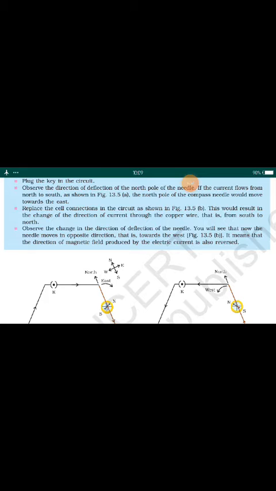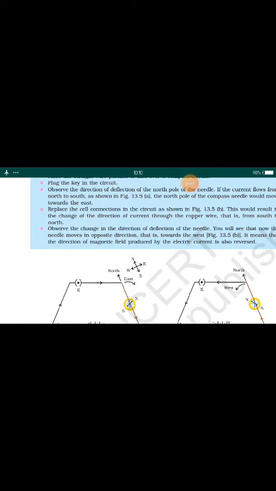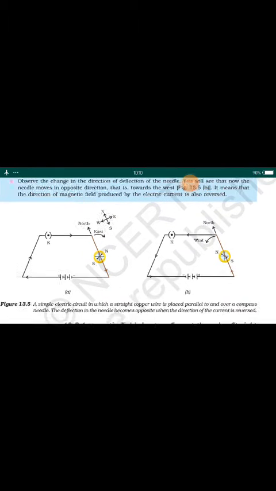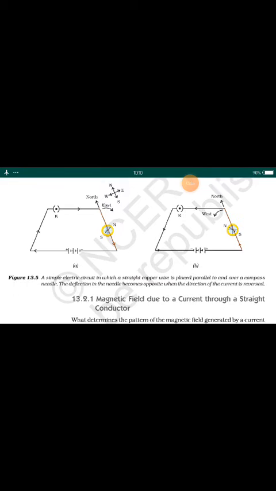You will see that now the needle moves in the opposite direction, that is towards the west. It means that the direction of the magnetic field produced by the electric current is also reversed. Here is the activity.